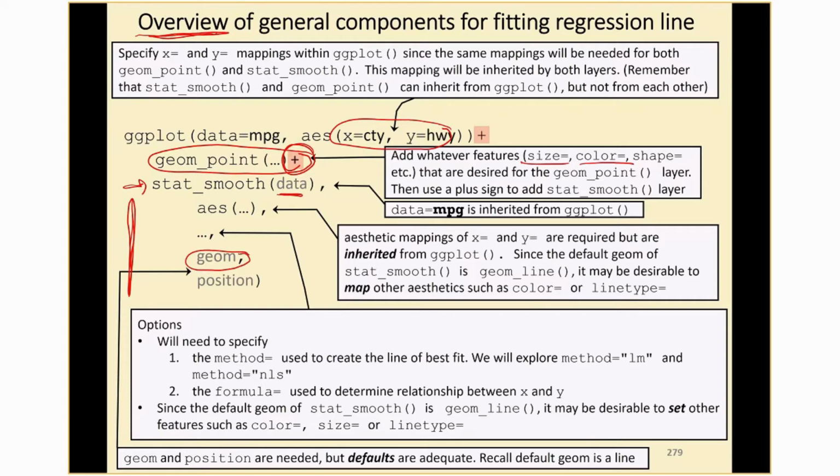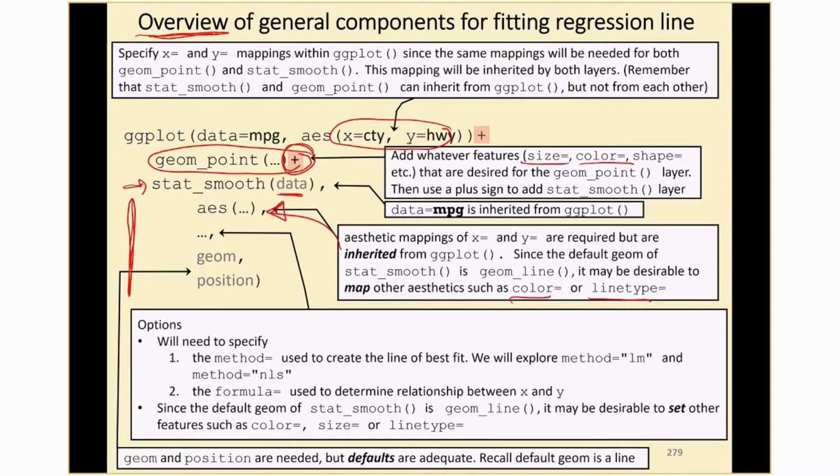And the particular default geom for stat smooth is going to be a line. So you think about some of the mappings we've previously seen for lines, they could be things like color or line type. We might think about mapping those to change the features of our lines of best fit.